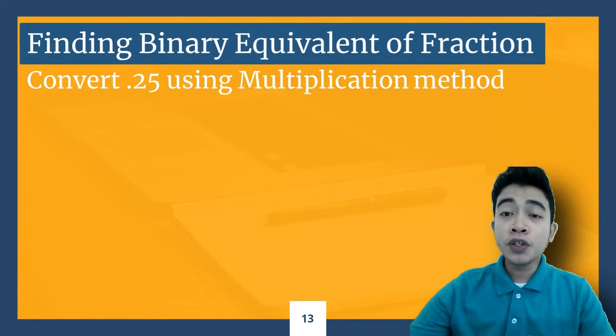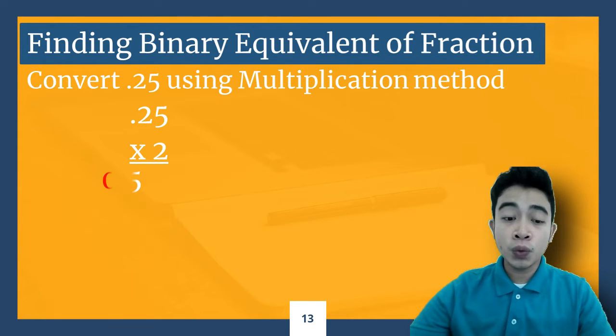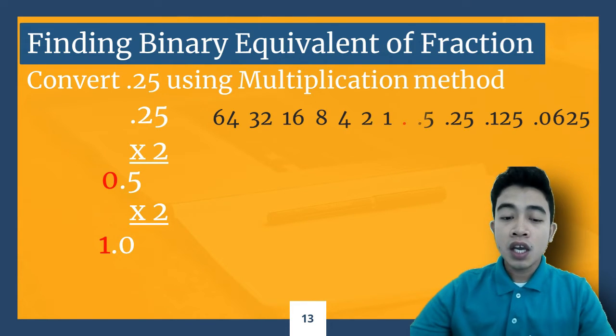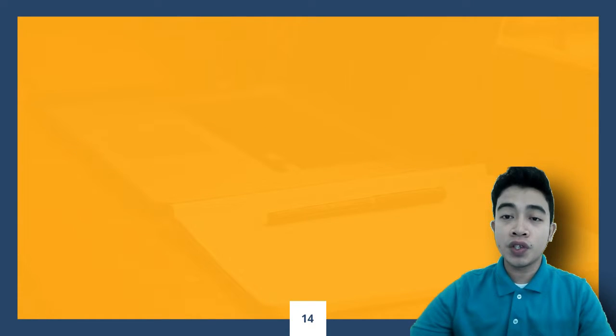We need to multiply the fraction by 2 until it becomes 0. 0.25 times 2 equals 0.5, and 0.5 times 2 equals 1.0. Then, we need to collect the whole parts and place them after the radix point, starting from the first product down to the last, giving 0.01.